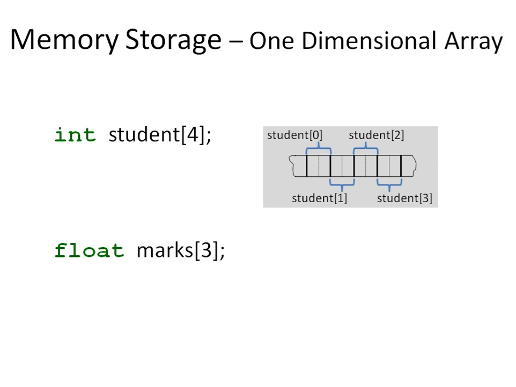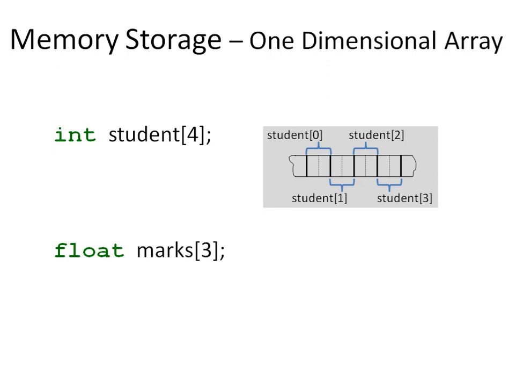First 2 bytes is for the first element, that is, the element at index position 0. Next 2 bytes are used to store the element at index position 1.